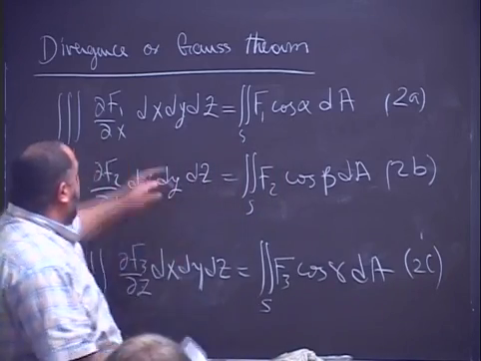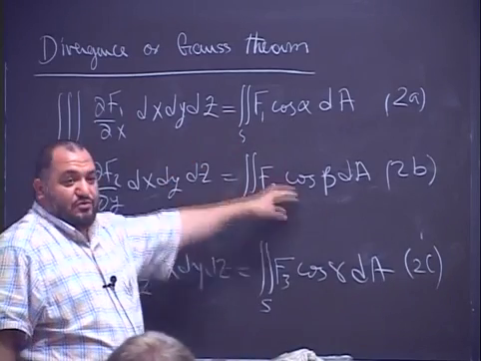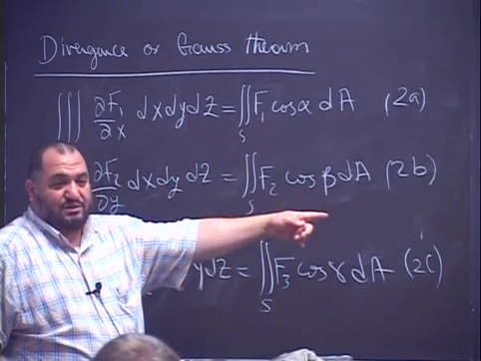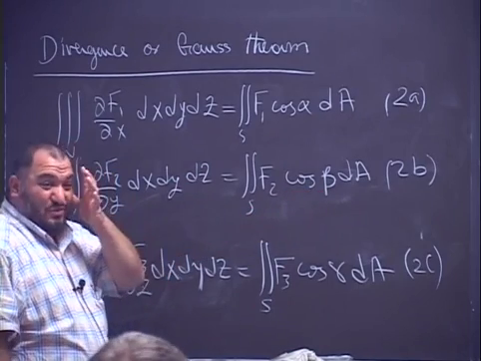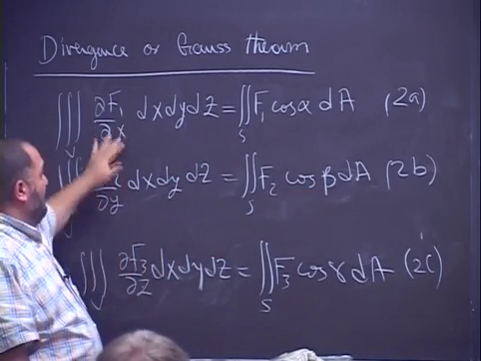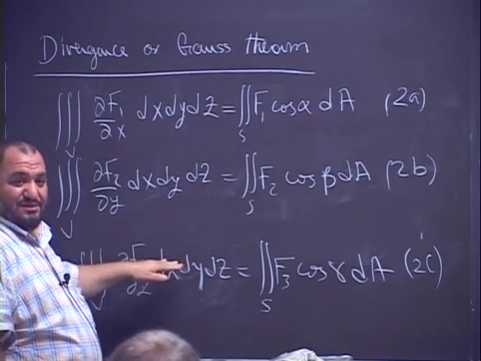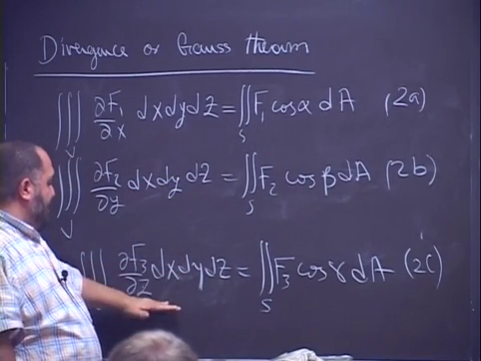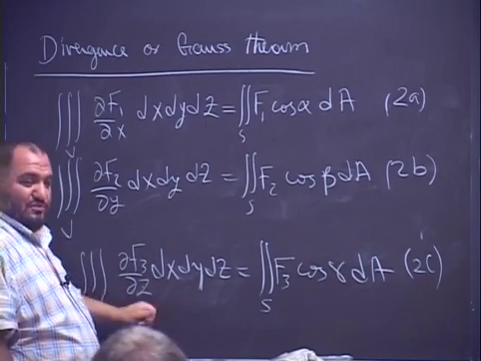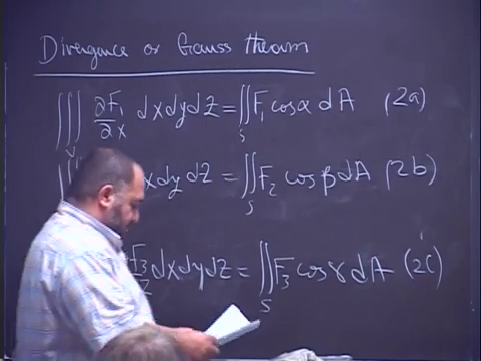So if you add those three, it will give you the right hand side equal to the left hand side. So we have to prove this. Okay, guys? For this sake, we will look at this one first to see how we will do it.